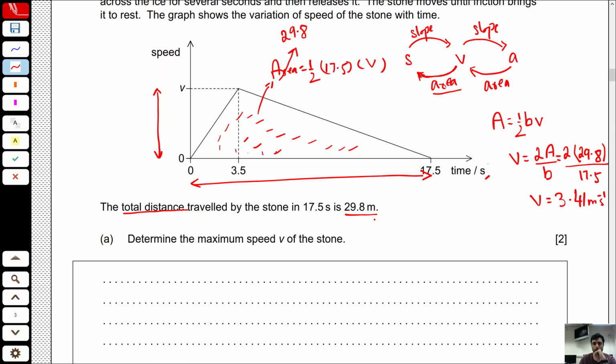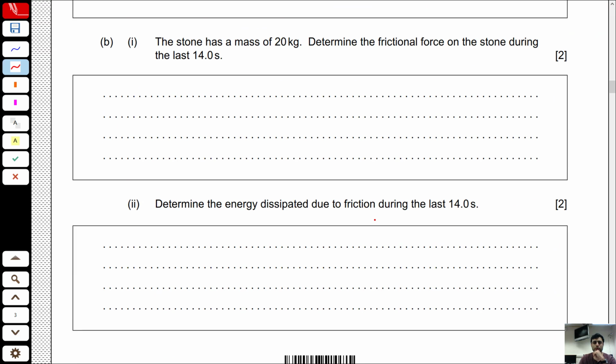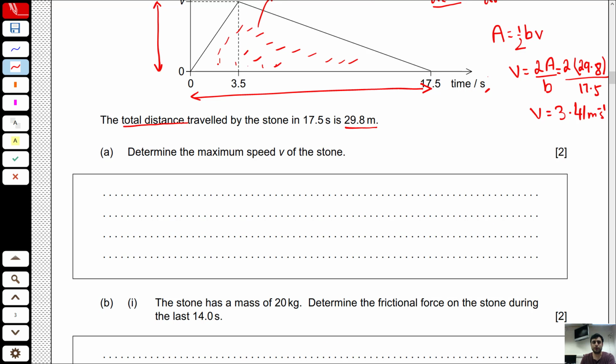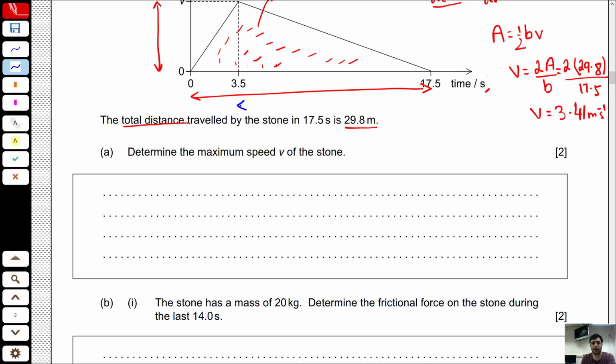Part B. The stone has a mass of 20 kg. Determine the friction force on the stone during the last 14 seconds. So as I already explained, it is during the last 14 seconds. Is it 14 seconds? Yeah, if you subtract the 2 times, you'll get 14 seconds.